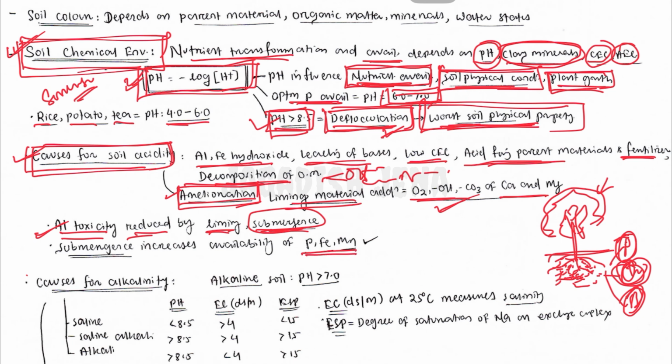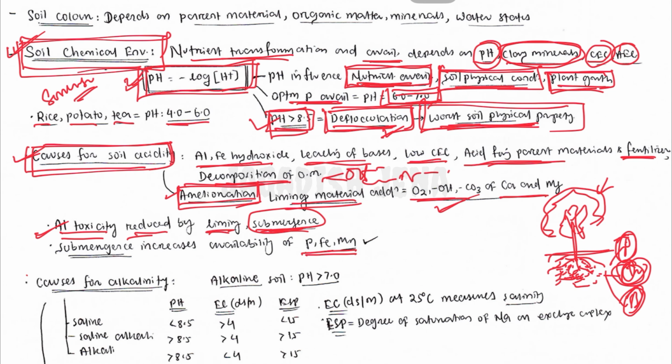How does this happen? When the soil is submerged, whether it is acidic soil or saline soil, the soil pH tends to go towards neutrality, and towards neutrality, soil phosphorus availability will be higher. That is why, in acidic soil, if we go for submergence, phosphorus availability increases.